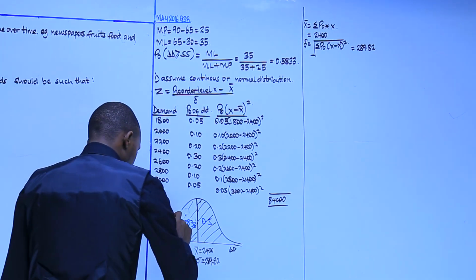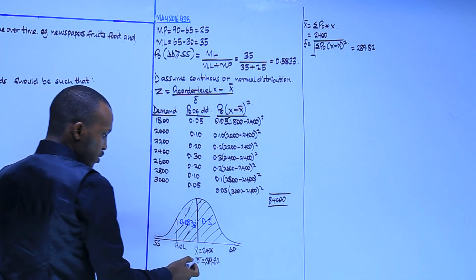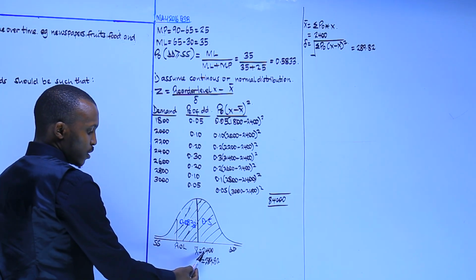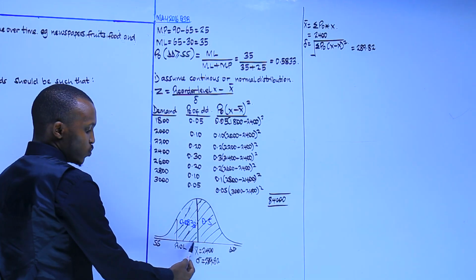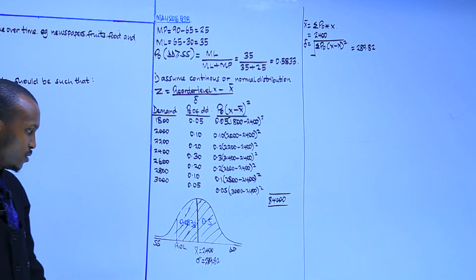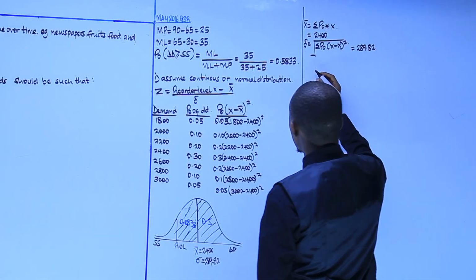Anything less than your demand, but you know your mean demand currently is 2400. So you want something less than 2400. So it is to the left of the mean. Okay.